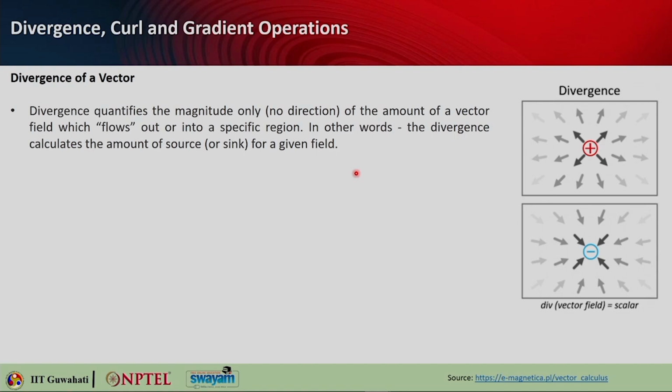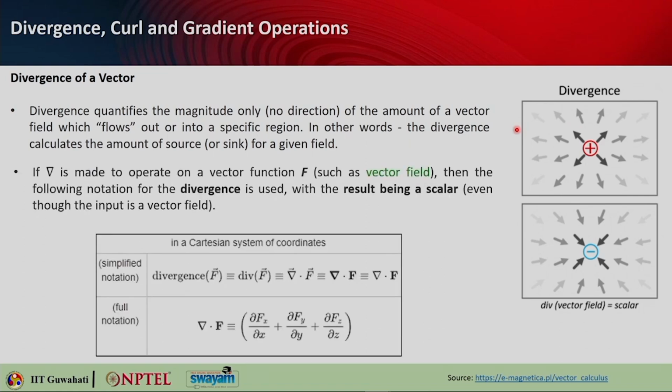Now what is the source of the electric field? A positive charge. If you look at this particular diagram, with a positive charge, the electric field lines are coming out of it. The electric field lines are originating from that particular source. This is called a positive divergence. On the other hand, the sink of electric field lines is the negative charges.